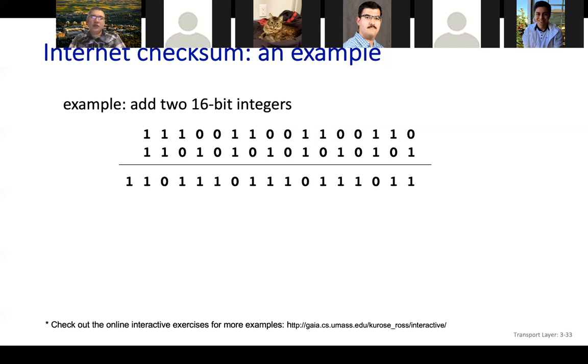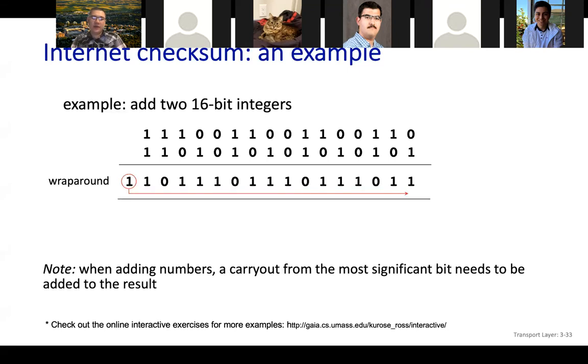We do a binary addition: 0 plus 1 is 1, 1 plus 0 is 1, 1 plus 1 is 0, but you carry the 1 to the more significant bit. You do this until the most significant bit.